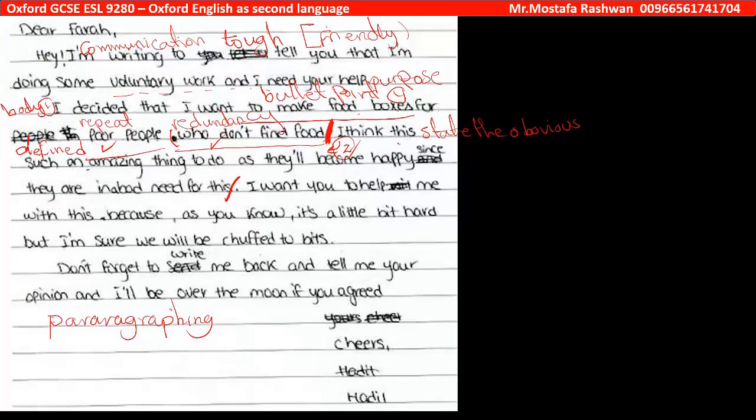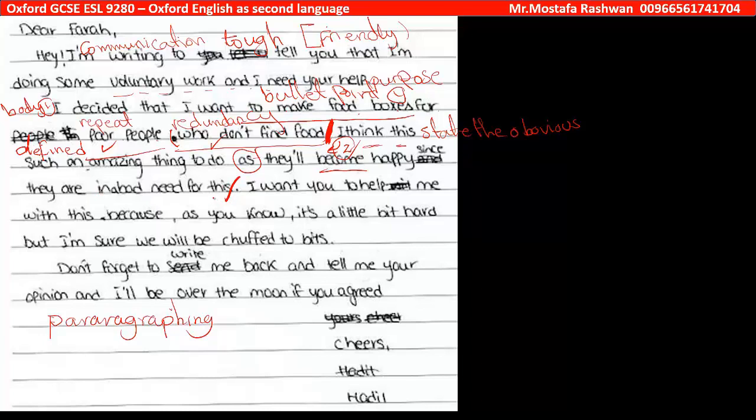So in this part he is explaining reasons for why he chose this kind of voluntary work. He said here, I think this is such an amazing thing to do. Why? He said, they will become happy since they are in bad need for this.